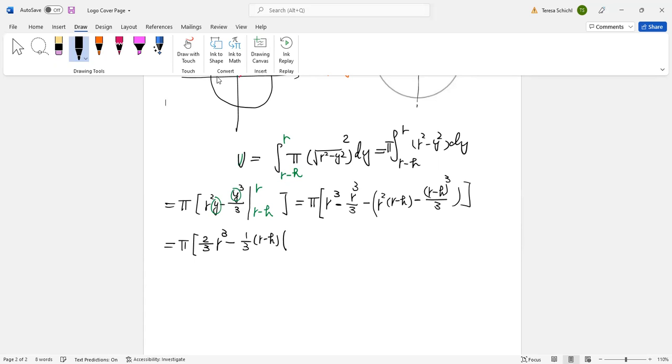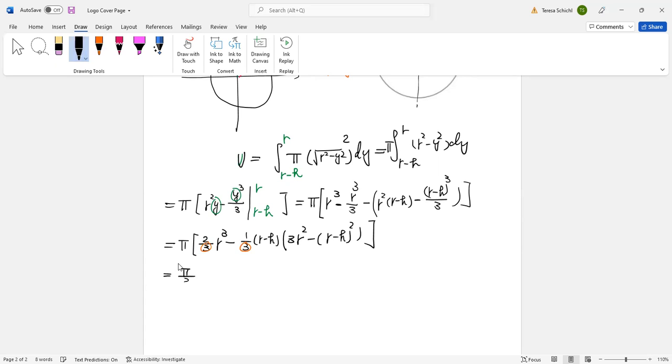What I have left here will be, because I factor 1/3, I need to have 3r squared. Then minus, the other term will just be the r minus h squared. Okay, so now I have another 3 here. I can factor this one out.